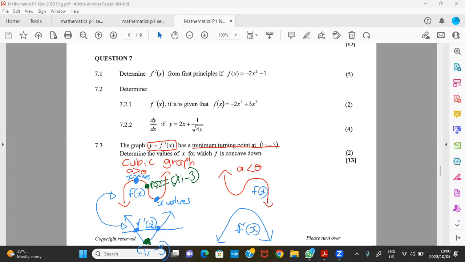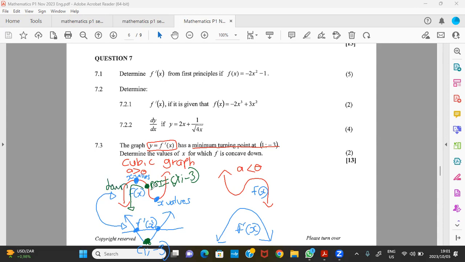Now it's a matter of figuring out where this graph becomes concave down. For concave down, you go from here downwards, so the graph is going down. This is my concave down on my left-hand side.